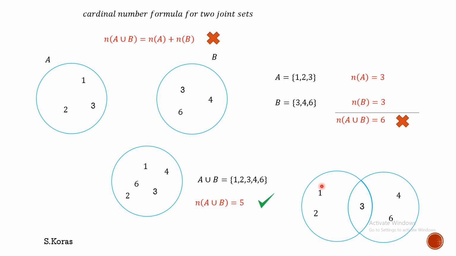So if it is possible for us to make a set into disjoint sets, for example this is set A, if it is possible for us to make this set into two sets like this, this 1 2 in a set and 3 in another set, then these two sets are now disjoint if we separate like this. So if it is possible for us to do like this, then we can apply the formula n of A union B is equal to n of A plus n of B. It will work. So let's try to do this.